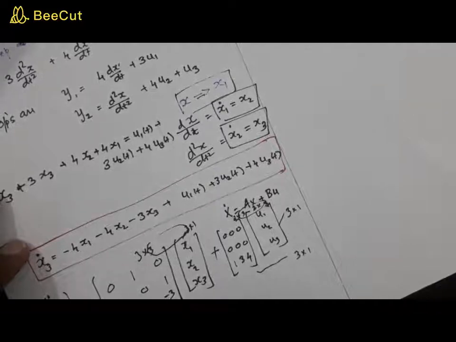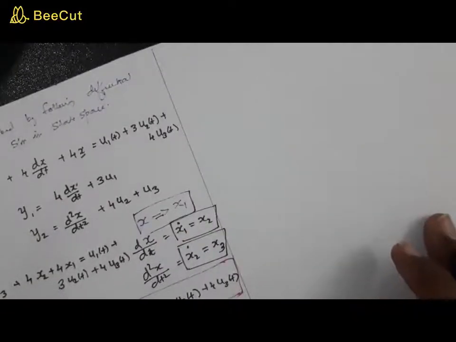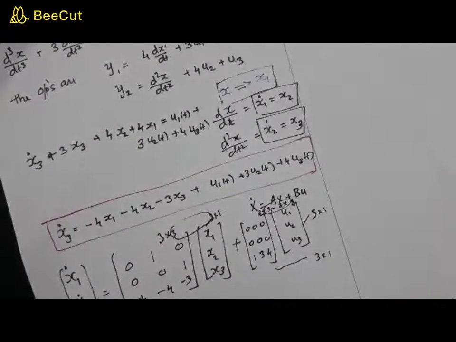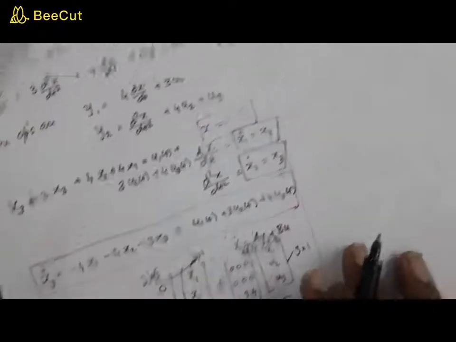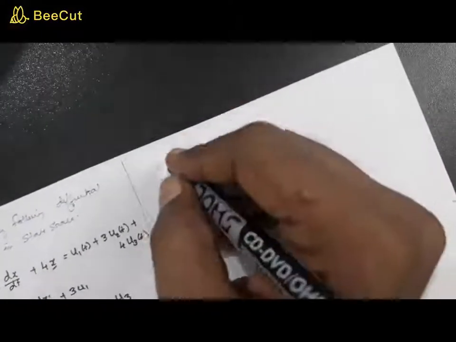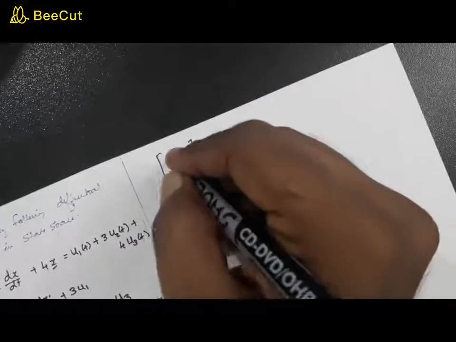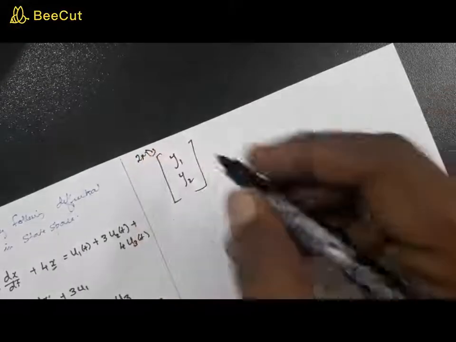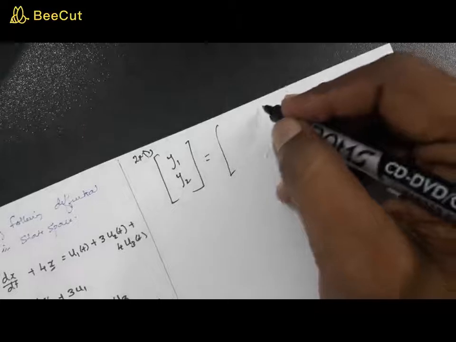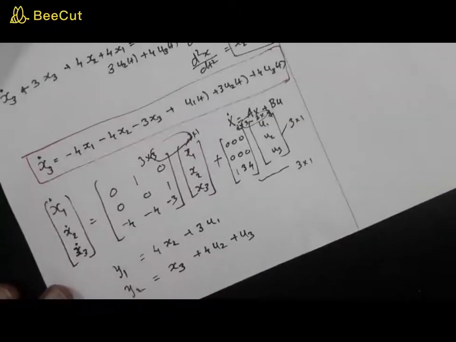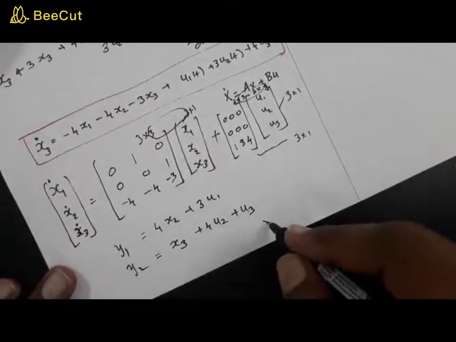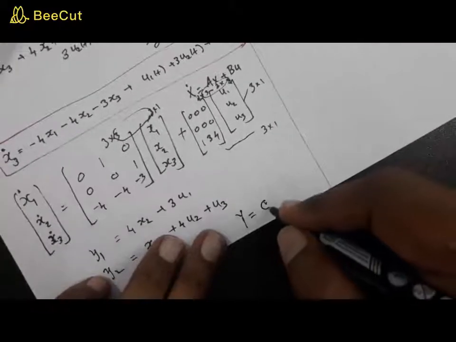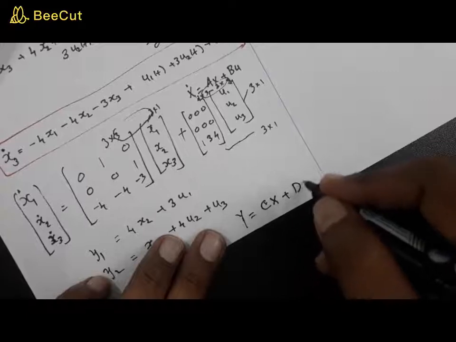Now how will you write the equation? So that means this is actually a system with two outputs. So it is a multiple output system. So you can have the expression as a 2 into 1 matrix, that is y1 y2. Now you know that the output equation is of the form cx plus du.